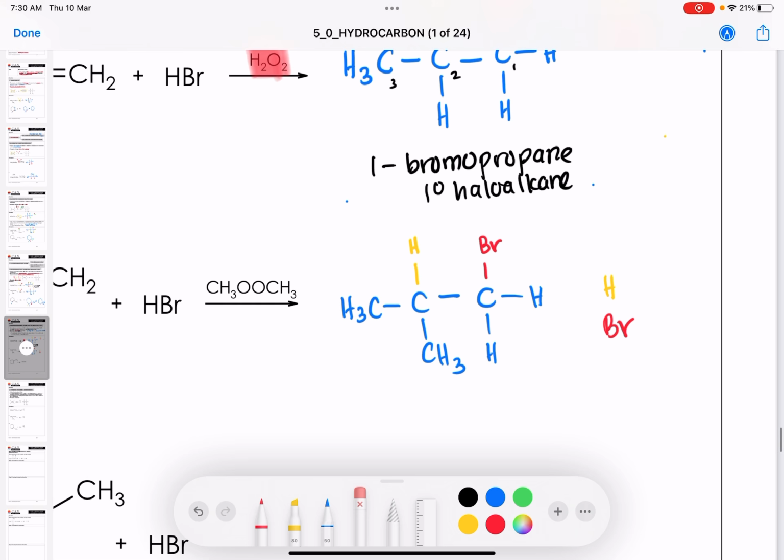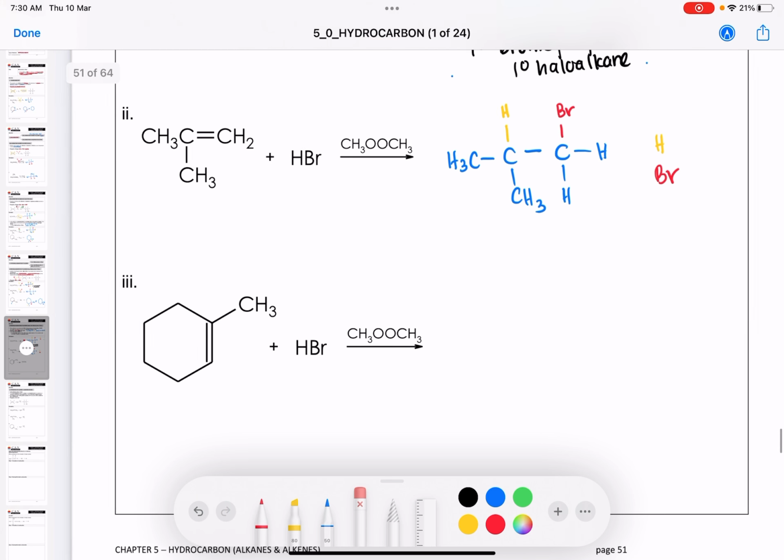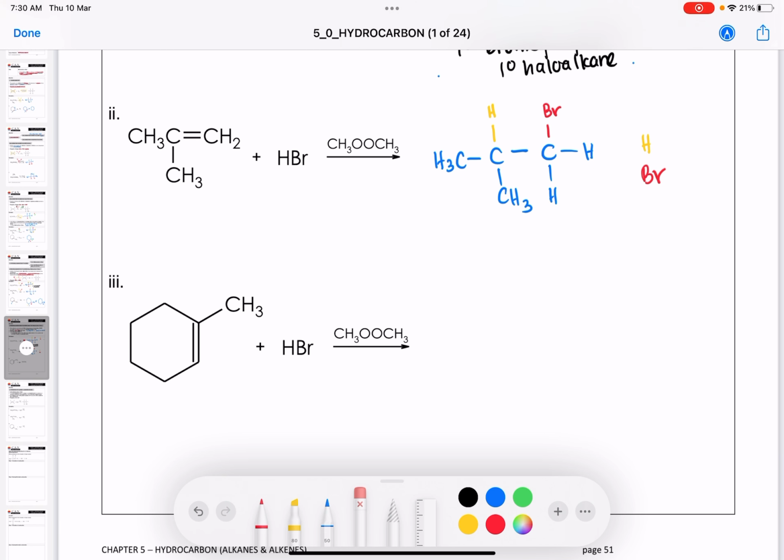So we have this. Okay, let's take a look at number 3. All right, this is the example of ROOR. It's not H2O2, but this is CH3OOCH3. So what would be your answer?